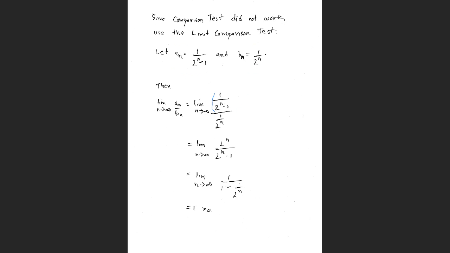If I were to put in an extra step here, this is the limit as n goes to infinity of 1 over 2 to the nth power minus 1 times the reciprocal, 2 to the nth over 1. Which gets us here.